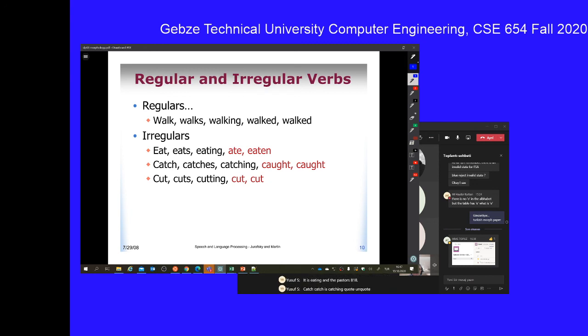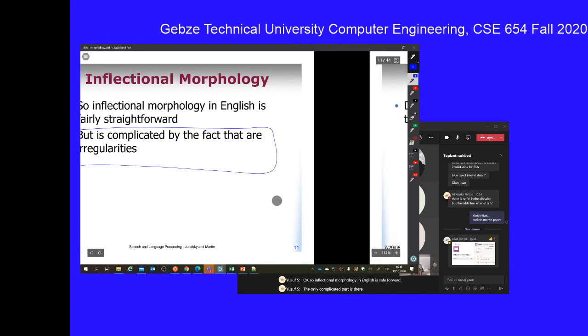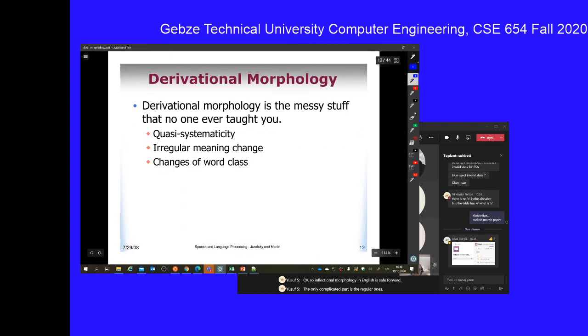Again, for irregular verbs, we need to be more careful. So inflectional morphology in English is straightforward. The only complicated part is the irregular ones. Those are all exceptions. Derivational morphology in English is more complicated.